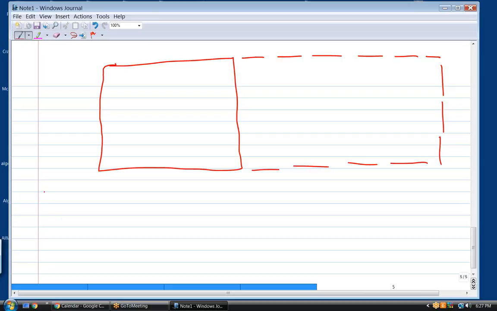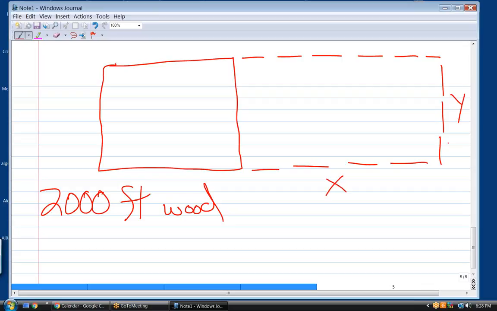And he has a certain amount of wood. He has 2,000 feet of wood. Okay? So we know he has 2,000 feet of wood, and we want to know what dimensions to make this corral to give his animals the greatest possible area. Another calculus optimization problem.